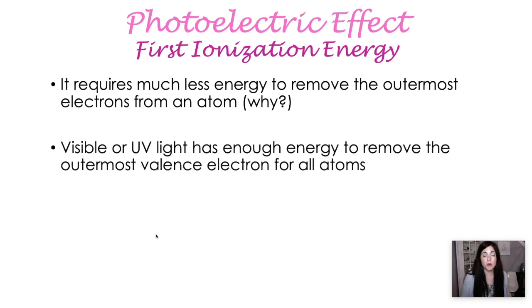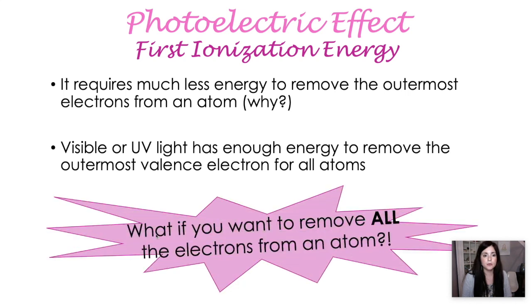And visible or ultraviolet light actually has enough energy to remove the outermost valence electrons for all atoms. So we can remove those valence electrons pretty easily just by shining a light onto elements, particularly visible light or ultraviolet light.